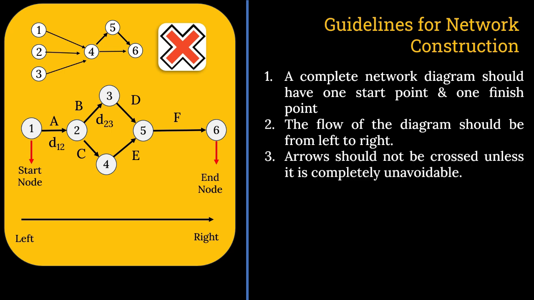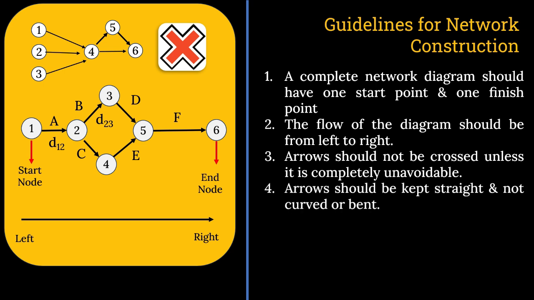Arrows should not be crossed unless it is completely unavoidable. Arrows should be kept straight. You can see that in all the diagrams, the arrows are kept straight, not curved or bent. That is not acceptable for any network construction.